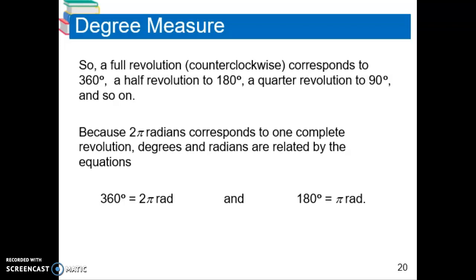Since we already talked about 360 degrees being equivalent to 2 pi radians, we can simplify this a little bit since both of those are multiples of 2, and we get the formula that 180 degrees is equivalent to pi radians. This is a formula that we are going to use when we convert from degrees to radians.